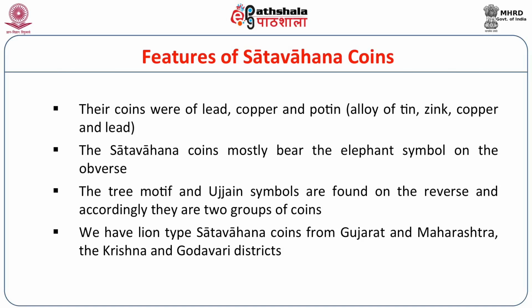Now we have lion type Satavahana coins, again a symbol of official authentication. Coins from Gujarat and Maharashtra, the Krishna and Godavari districts. In different areas, Satavahanas used coins with different symbols so that they could facilitate the economic exchanges.